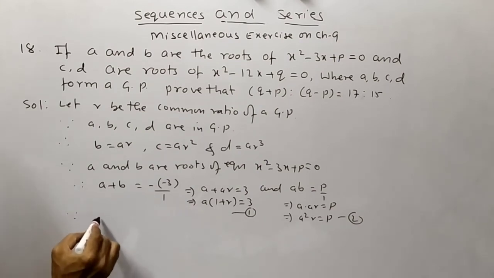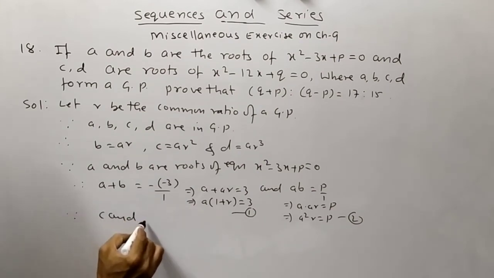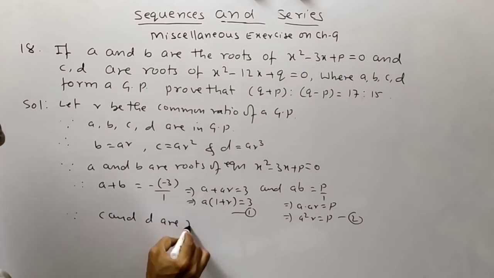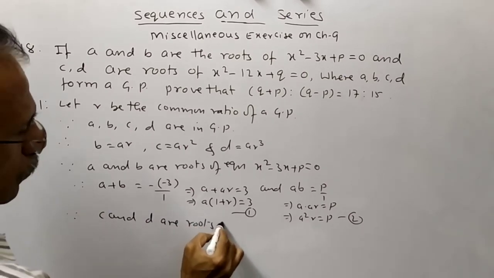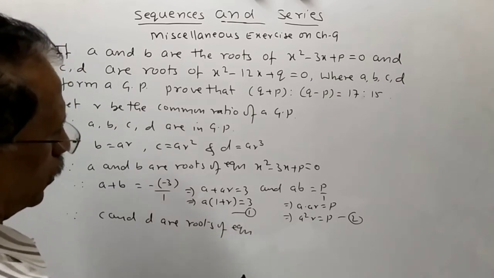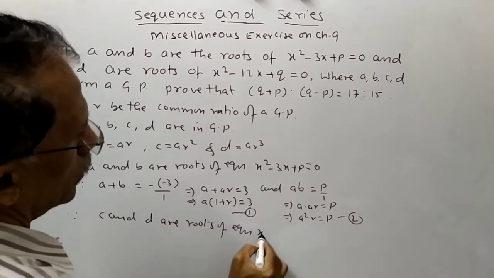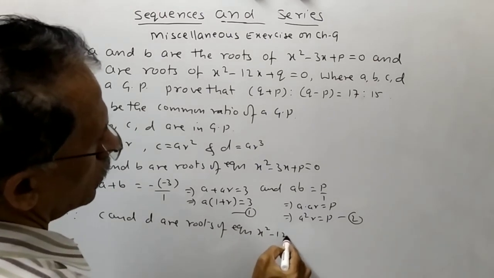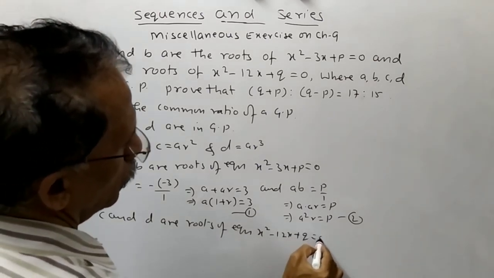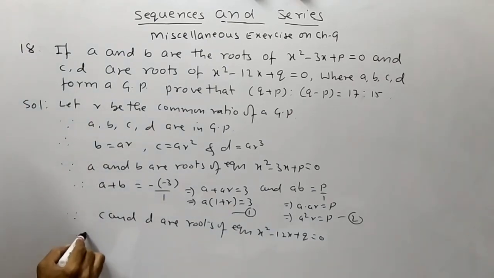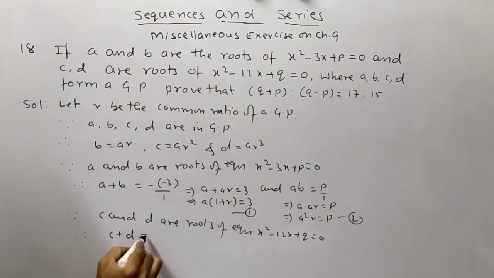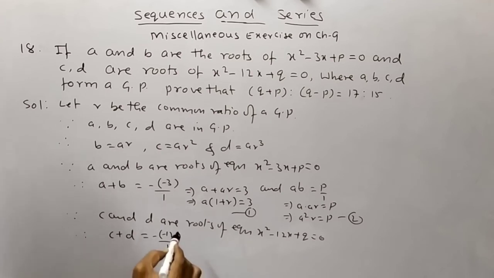Since C and D are roots of equation x square minus 12x plus q is equal to 0, therefore C plus D is equal to minus of minus 12 divided by 1, implies what is C?